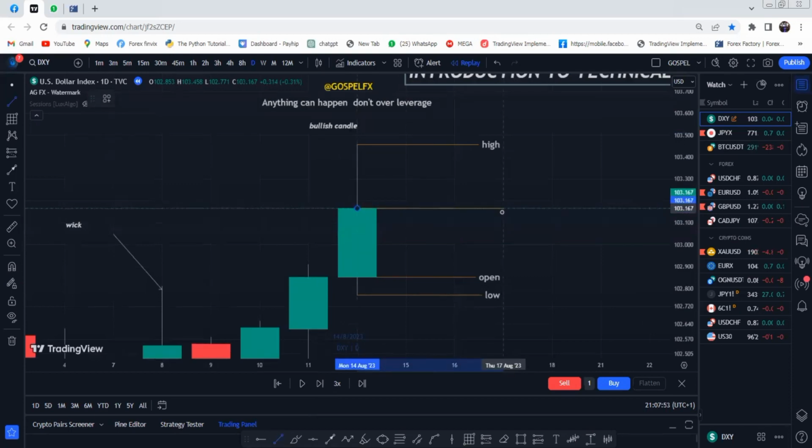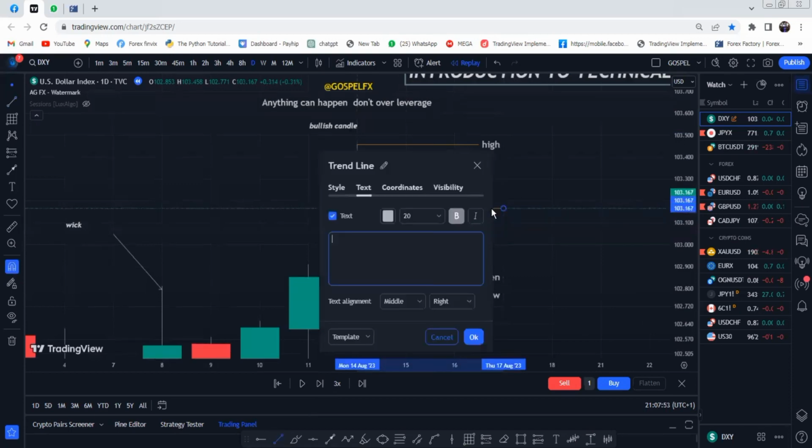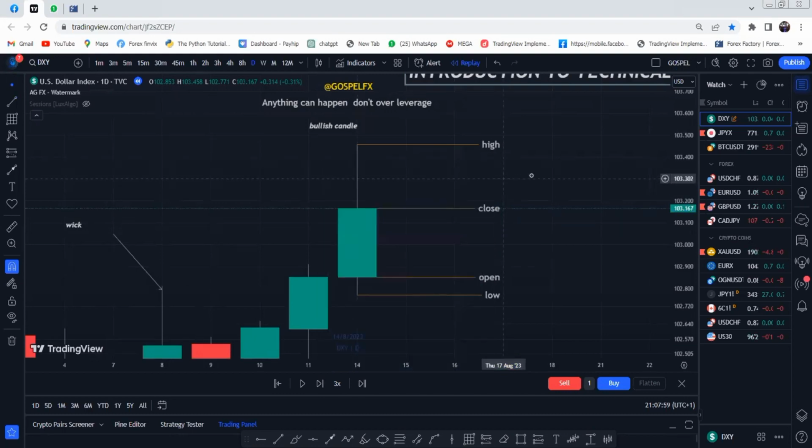The close of a candle is very, very important, because it's the close that determines whether it's a bullish candle or a bearish candle. So we have the high, the close, the open, and the low of the candle.